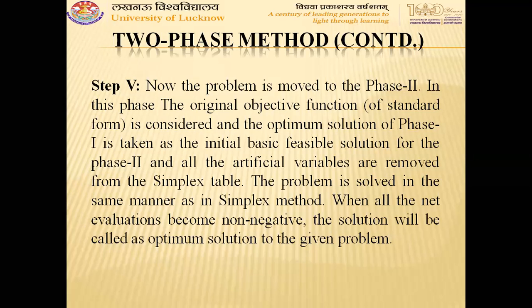That means you can say in a very simple manner that the final iteration of phase 1 is taken as the initial iteration for phase 2, but two changes are to be done. One, the artificial variables must be removed from the table, and second, the original cost coefficients should be placed in the iteration.